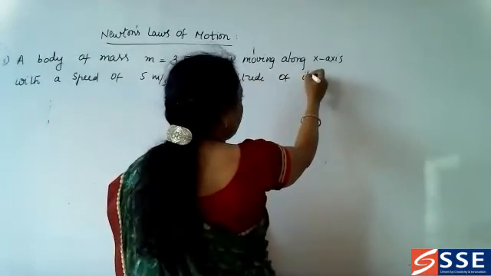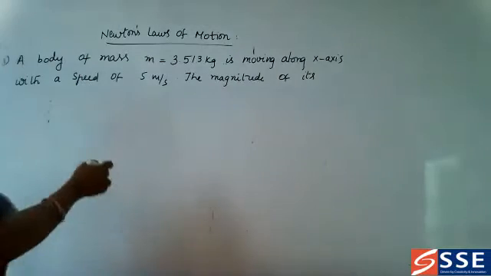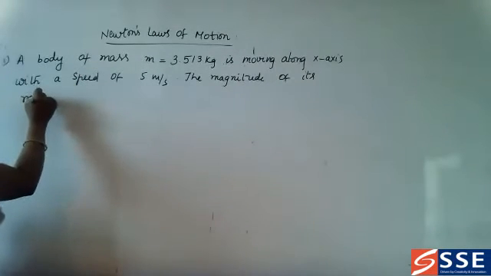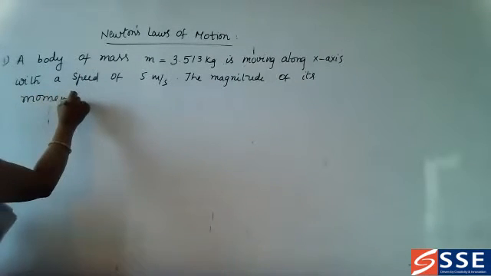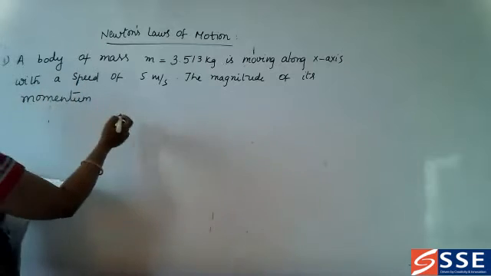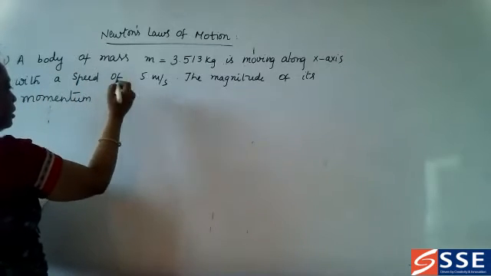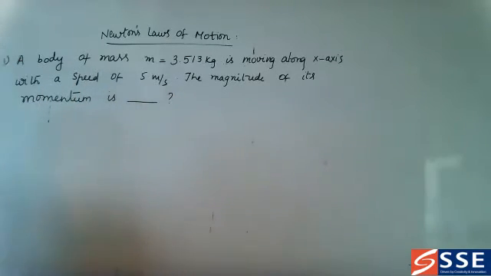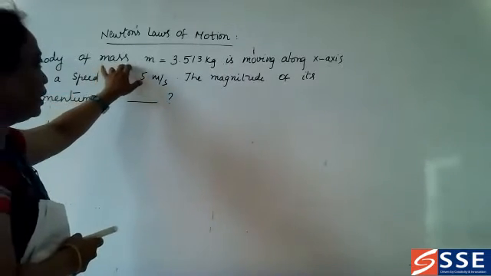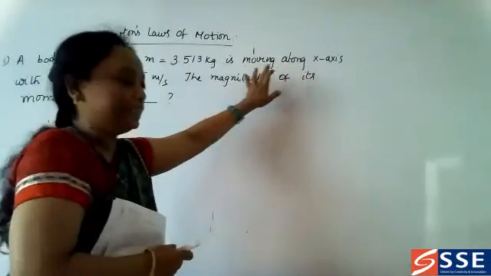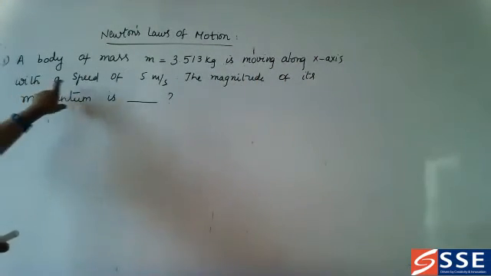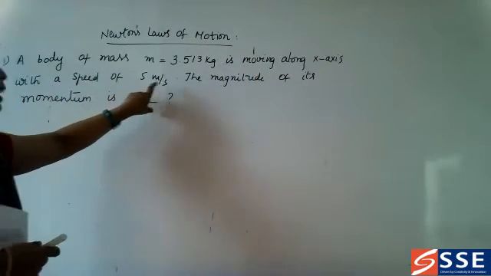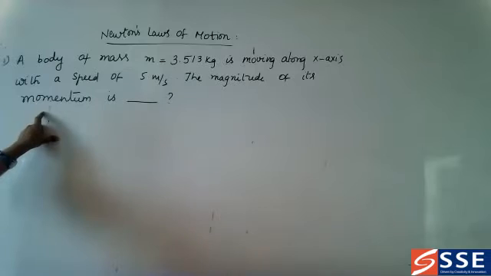of its momentum. So how do you calculate its momentum? Suppose the problem says a body of mass is given, moving along the x-axis with a speed of 5 meter per second. The magnitude of its momentum is dash.